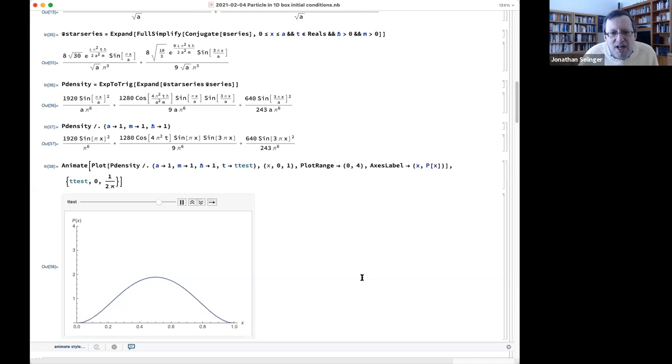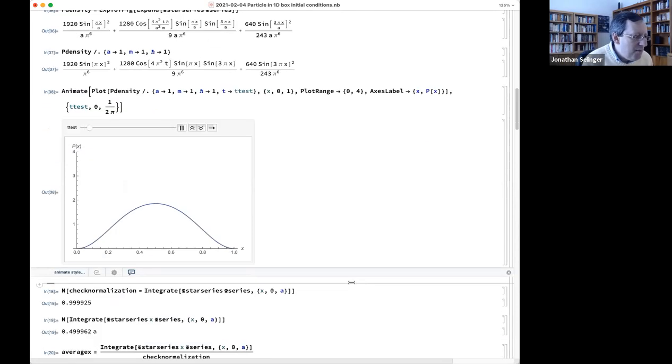It was 0.999 of an initial stationary state plus a tiny little bit of another state. And so the probability density is almost constant. It's just varying a little bit because of the small amount of the state number 3.